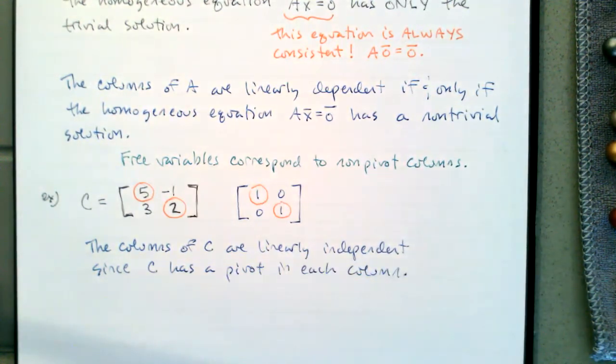The columns of C are linearly independent since C has a pivot in each column. Linear independence is what we wanted to prove. Pivot in each column is how we know that thing.